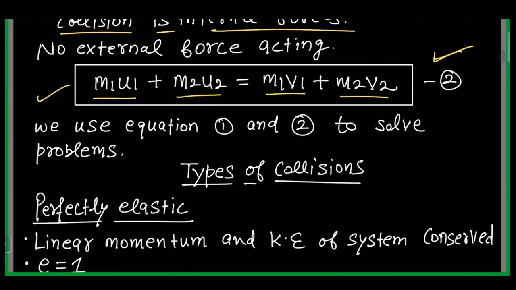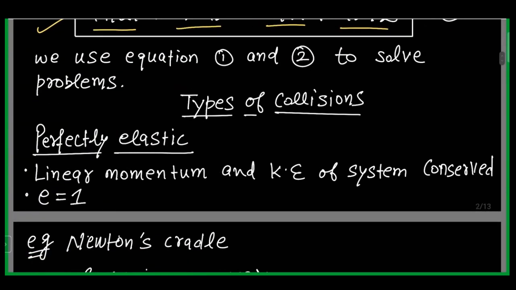Okay. Now I want to discuss types of collision, the different types of collisions which can take place. Number 1 type is perfectly elastic collision. In perfectly elastic collision, the linear momentum and kinetic energy of the system remain conserved. This is a very important concept.